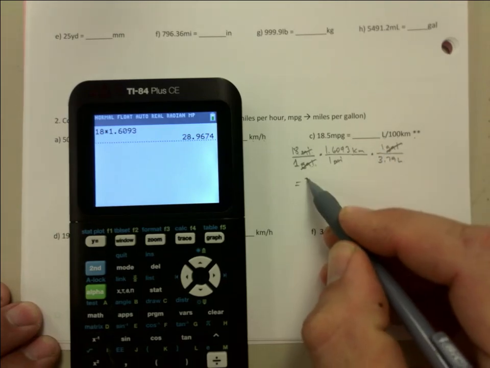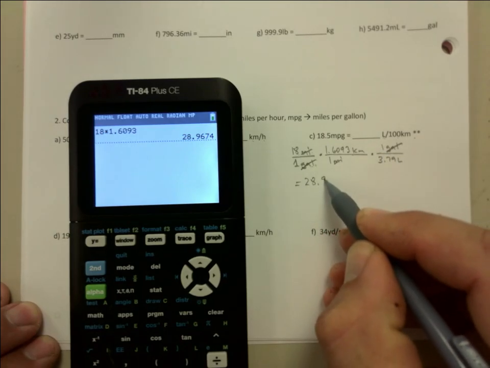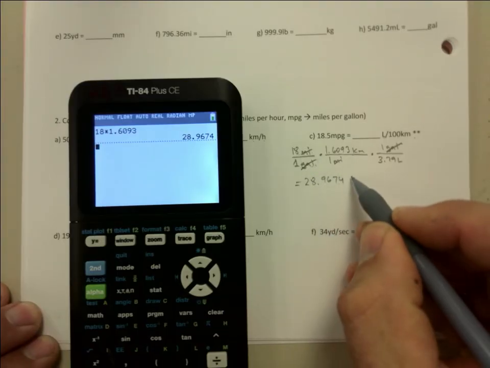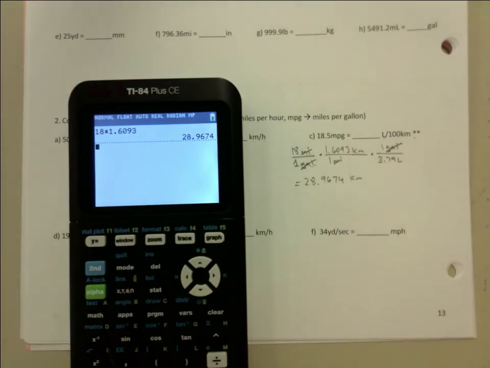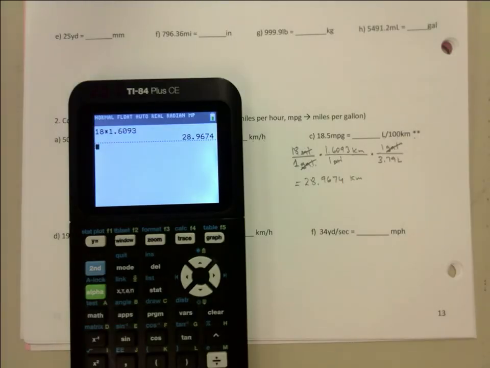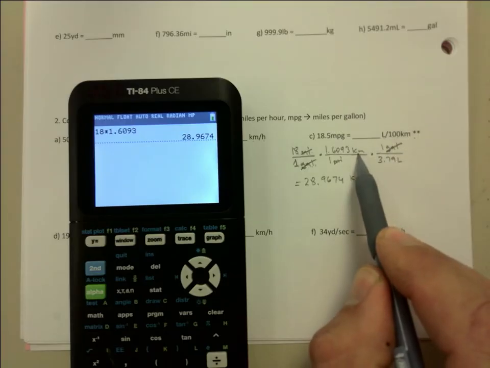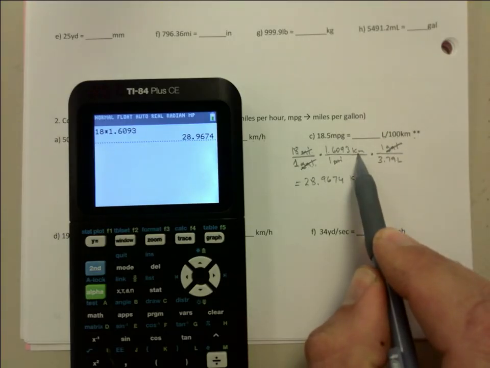Kilometers, it's kilometers at the top. Would you agree with me? Because if you look at the top, you're left with kilometers. That's all you're left with.